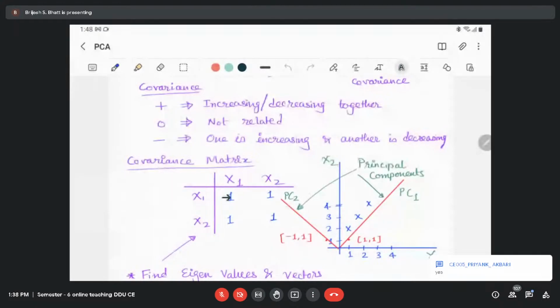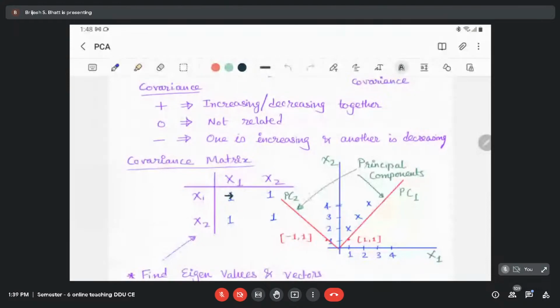Okay. So if I look at the first cell, x1, x1, what does this value represent? Variance, actually we are calling it covariance. So let's say covariance between x1 and x1. When we are talking about same feature, it is not covariance, but it is variance.